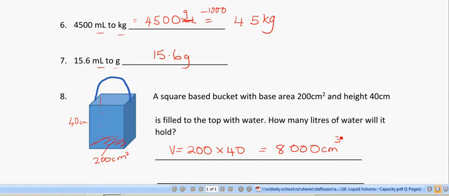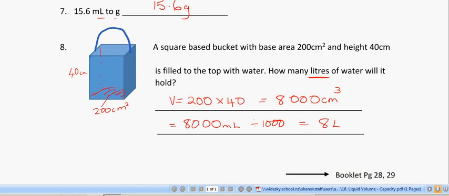Now we know that 1 centimetre cubed is 1 mil, so that is directly 8,000 mil. And now we have to change it to litres, and you know to divide by 1,000, and so we've got 8 litres. So it's an 8 litre bucket, and that's about the size of the buckets.